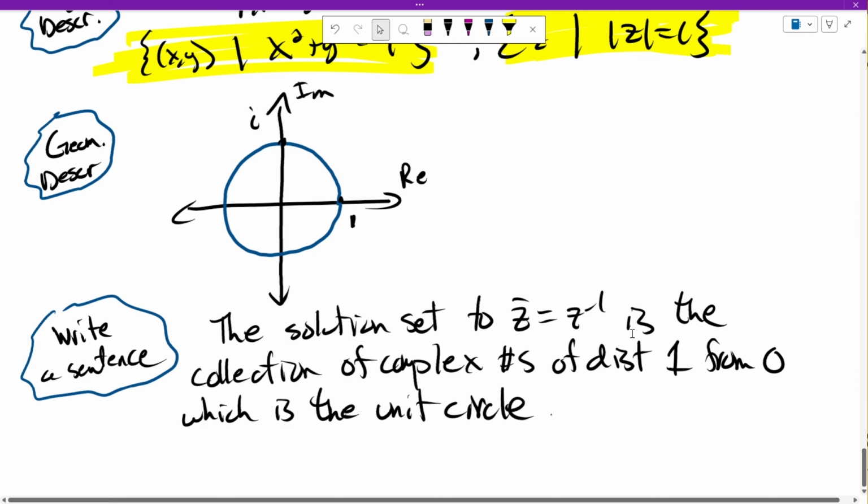So we have our three ways of describing what the solution set is.